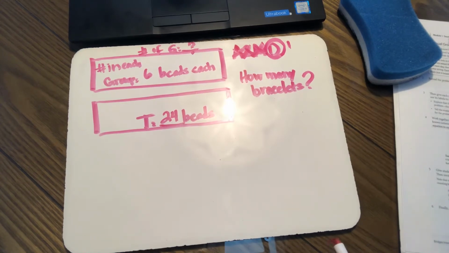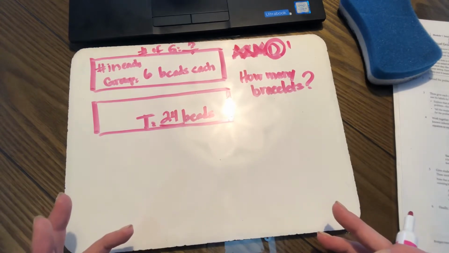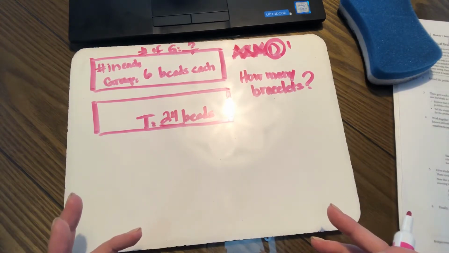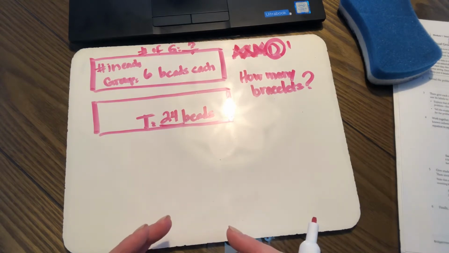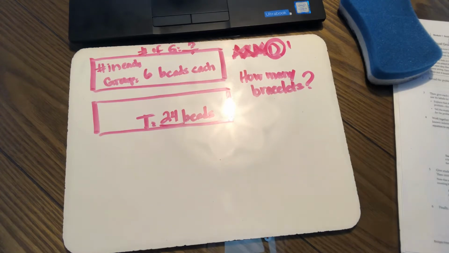The other thing to think about in the story, if you're confused about where to put that 24 beads, is think about it this way. If I had 24 beads that I used in all on the bracelets, and there are 6 beads on each bracelet, I can say how many bracelets there are, but I can't use the information in the story to justify the bracelets.